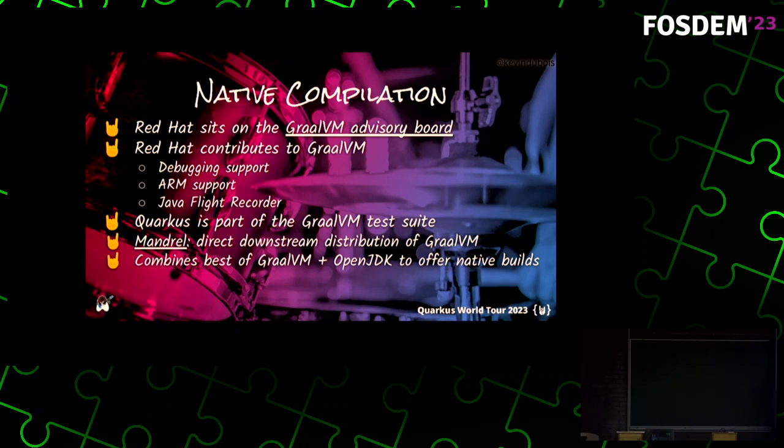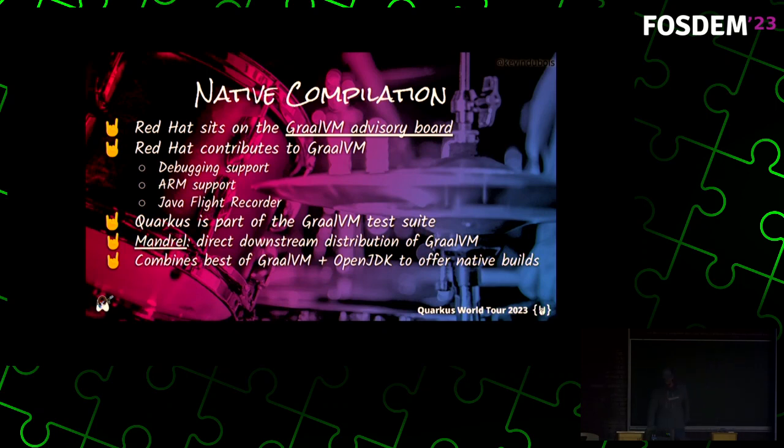If you really want the fastest startup time and the smallest footprint, then you can do a native build of your Quarkus application. With Quarkus, by the way, that's really easy, because if you create a new Quarkus application, it automatically has a native profile built in. So you can decide, as you're doing your compilation, whether you want to do a native build or not.